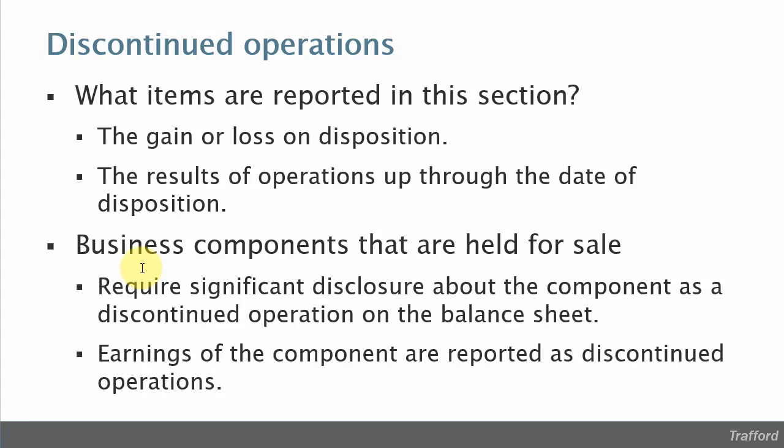And so if a company has a business component that's held for sale at the end of a year, they will separately state on their balance sheet what the assets and liabilities are from that business component that's held for sale. In addition, even though they haven't sold it yet, the earnings related to that business component are actually reported as discontinued operations in the year that it's held for sale, as well as in the year that the component actually gets sold.